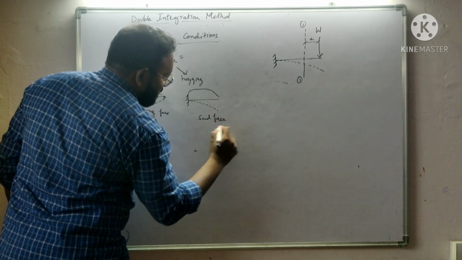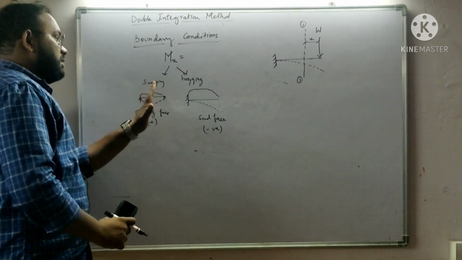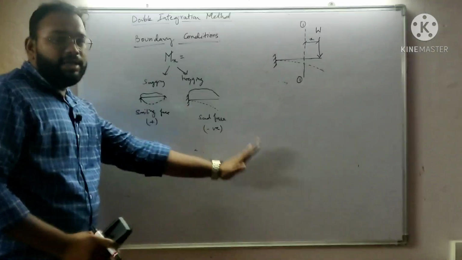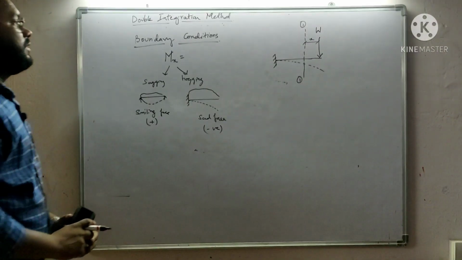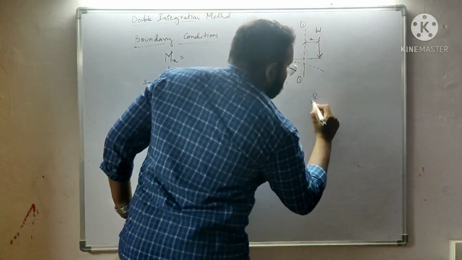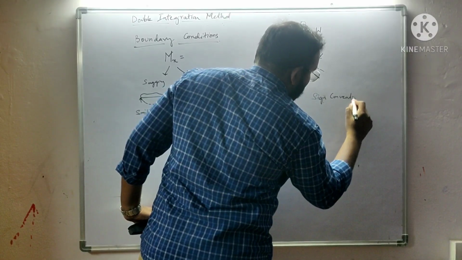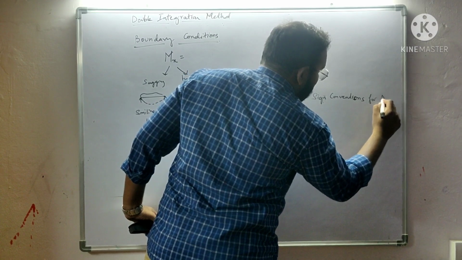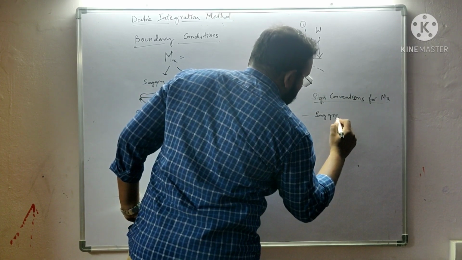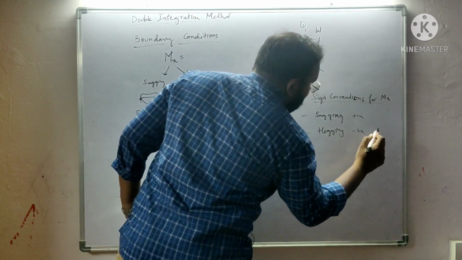This is a sad face. So hogging moments should be taken as negative. Sagging moments are positive, smiling face positive, and hogging moments are sad face negative. Sign conventions for Mx: sagging is positive and hogging moments are negative.